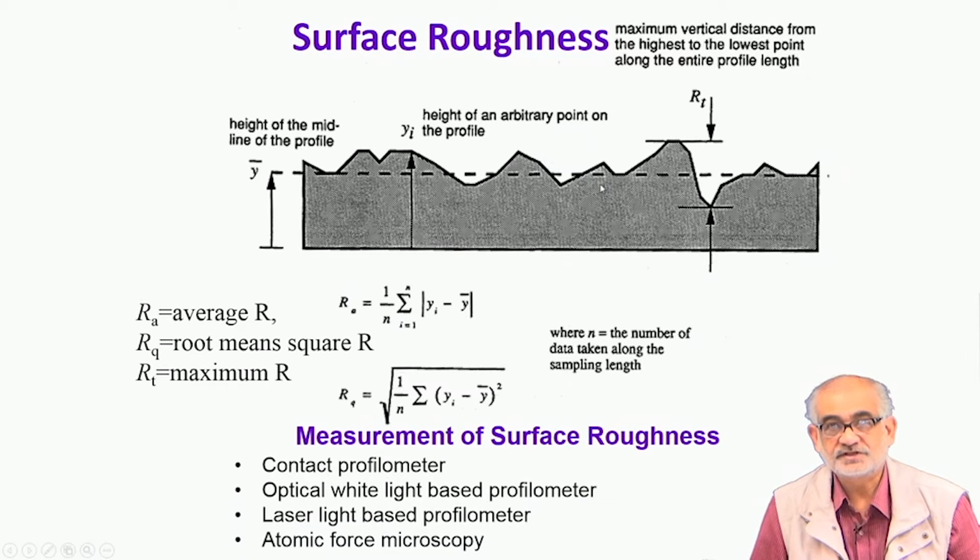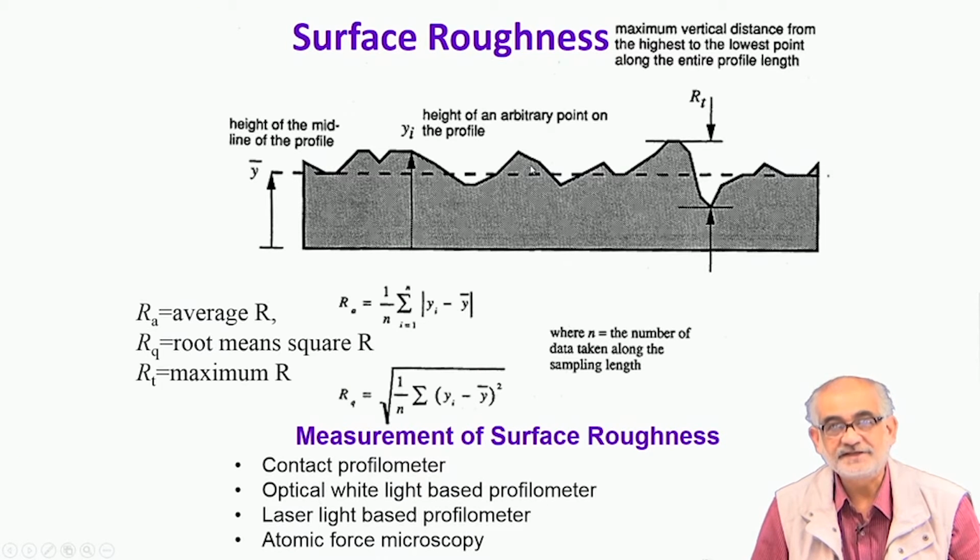The grits on the grinding wheel or the abrasive particles, their size and geometry, would leave such asperities on the surface. But if this amplitude is submicron, less than a micrometer, then you don't distinguish them by your naked eye. So you tend to see a very flat and shining surface.